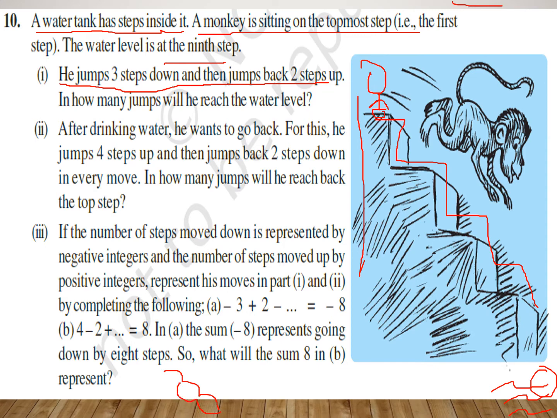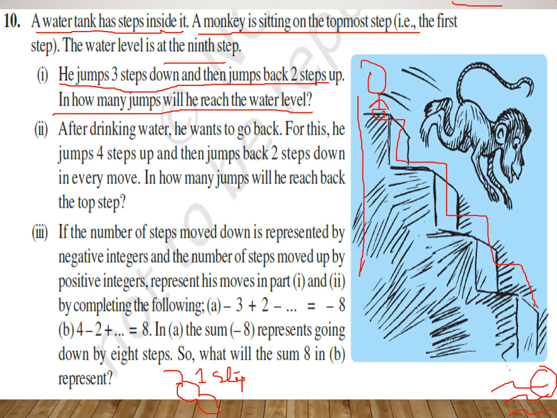So you can say in this complete process he just moved by 1 step only, because after going 3 forward, he came 2 backward. So finally he moved only by 1 step forward. We have to find in how many jumps total he will reach the water level. Let's find in the next slide.